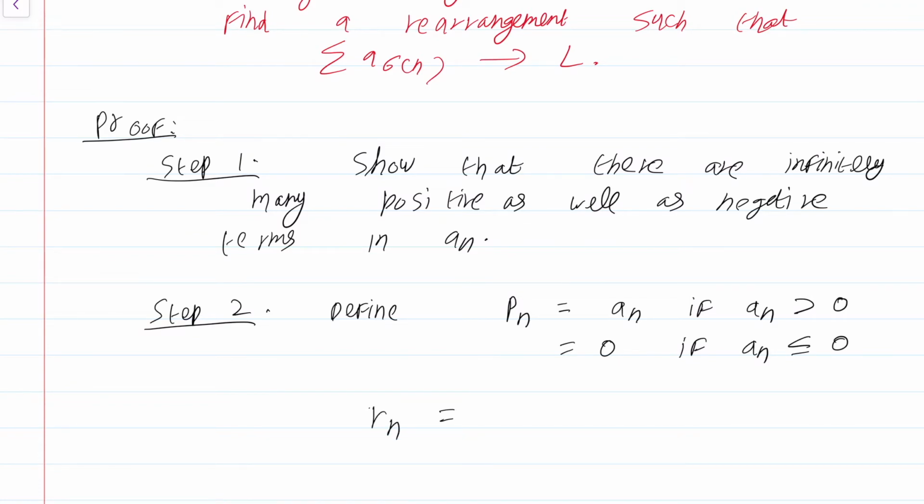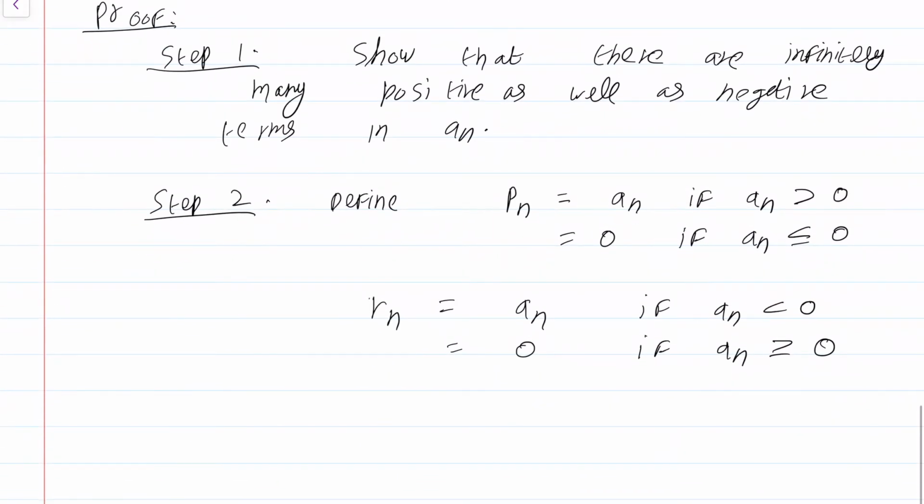Rn will be an if an is less than 0, and this will be 0 if an is greater than or equal to 0. Okay, so Rn is collecting together all the negative terms of the series. So Pn collects together all the positive terms, Rn collects together all the negative terms.